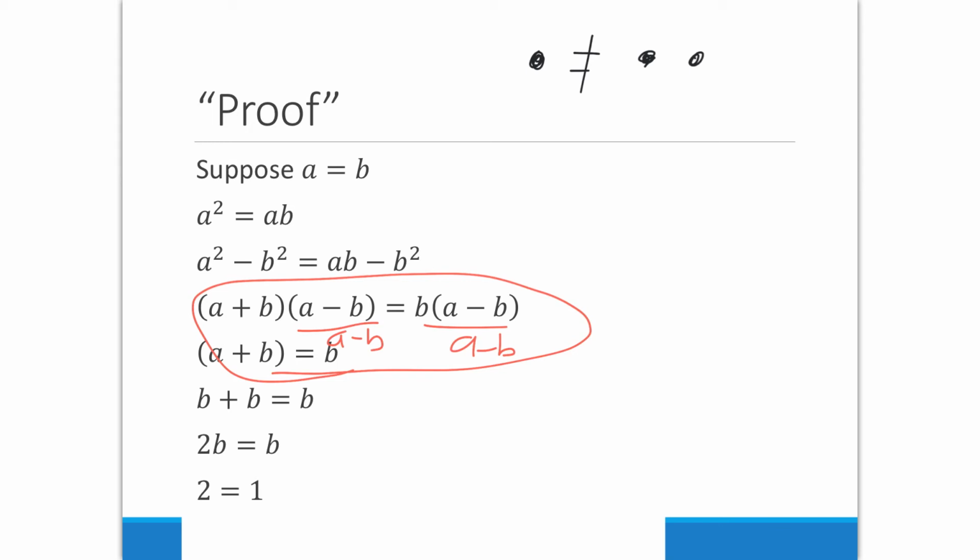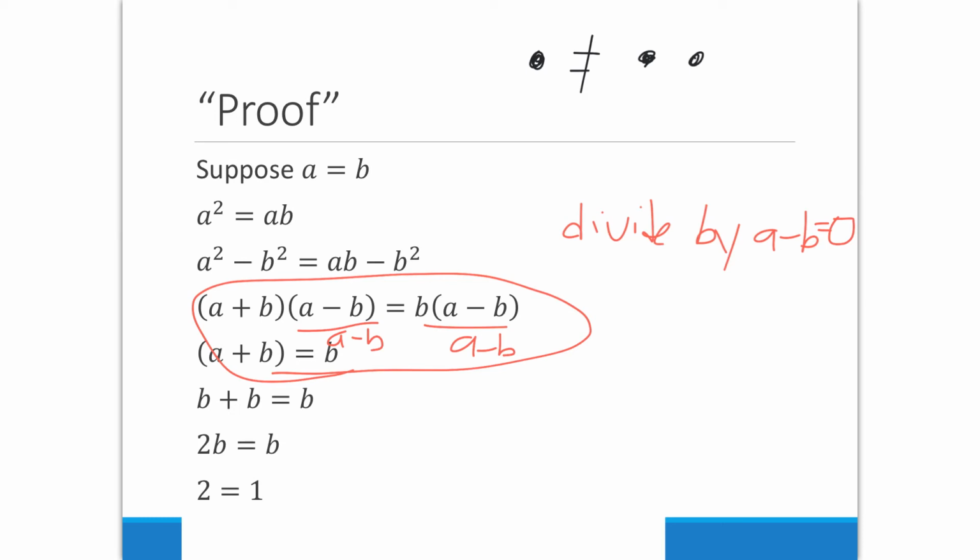But A and B are actually equal to each other. So what I'm doing is technically dividing by A minus B, which is equal to 0, because A and B are the same thing, so when you subtract them, you get 0. Well, I'm dividing by 0, and hopefully you know from your math education that you can't divide by 0.